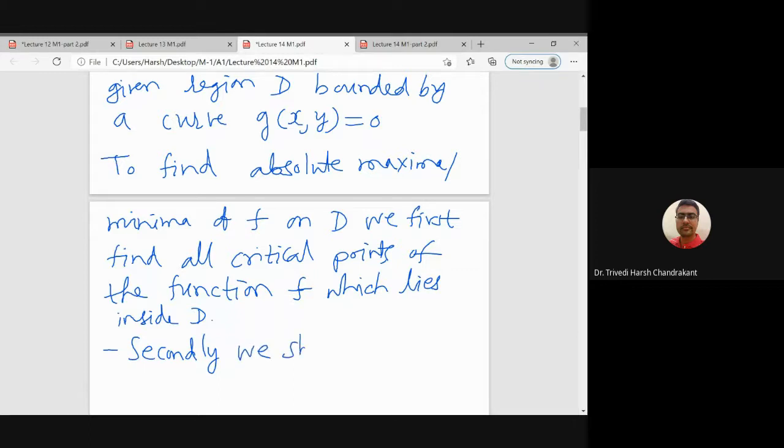Inside the region, we already found all the critical points. Now we have to focus on the boundary, and we know that for the boundary we apply the Lagrange multiplier method.